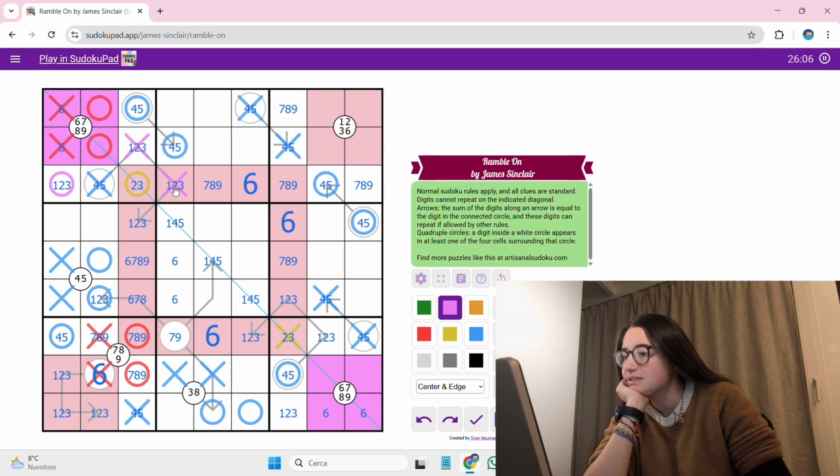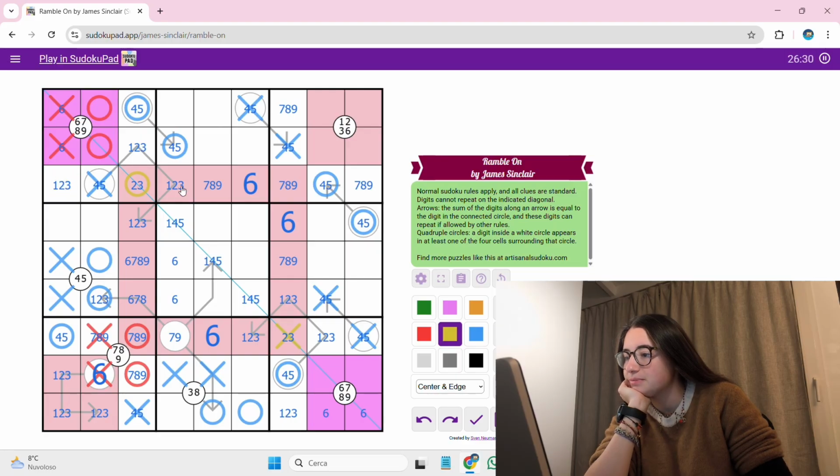It could be an X. So this must be different from this one. It must be different from this one.